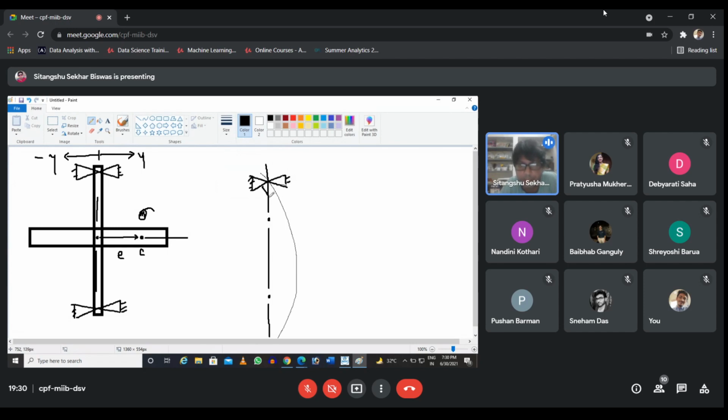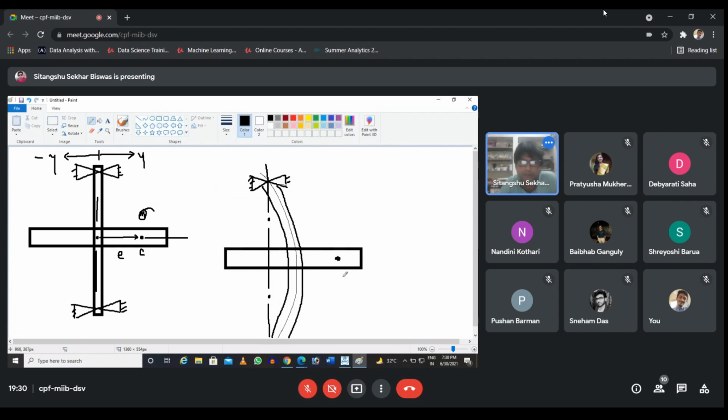So your shaft means this will be the situation, and your center of mass will be somewhere here.